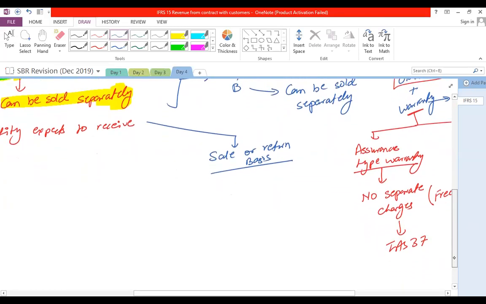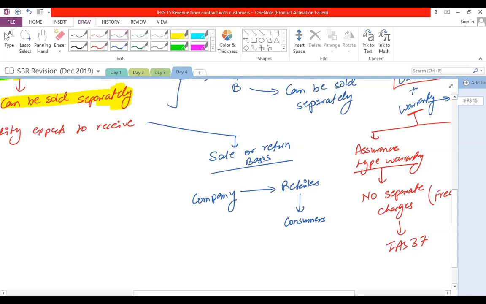Now, what exactly is a sale or return basis? Yes, Ahmadabi, we can call that sale price as well. The company sells the goods to the retailers, and the retailers sell the goods to the end consumers.